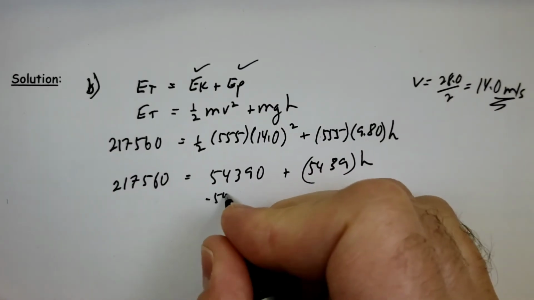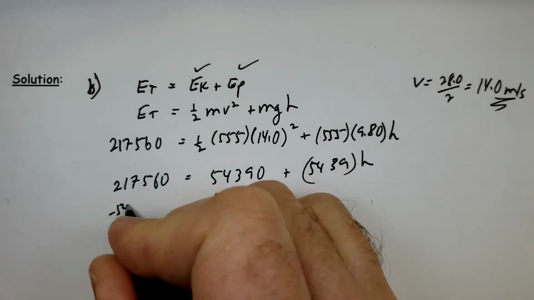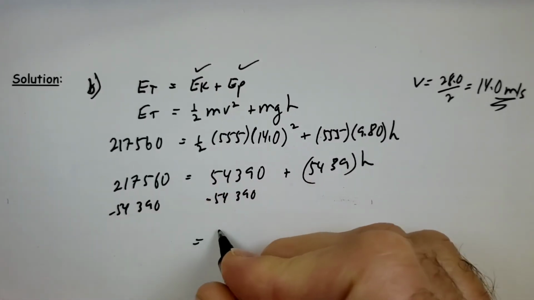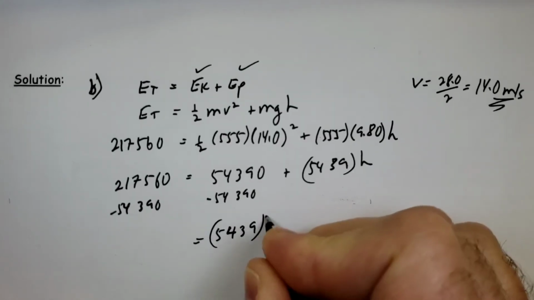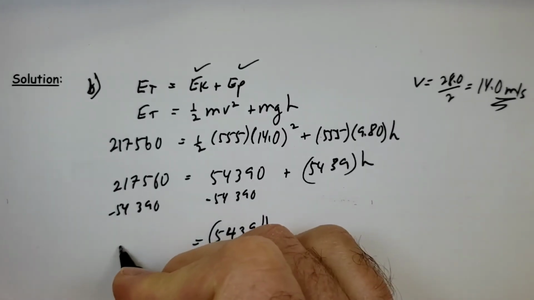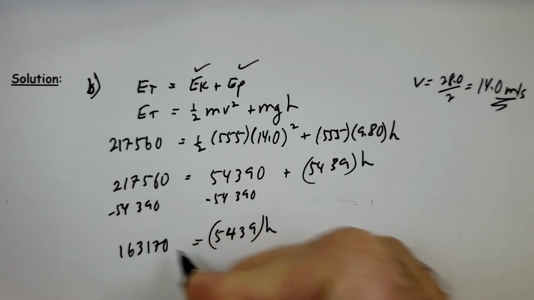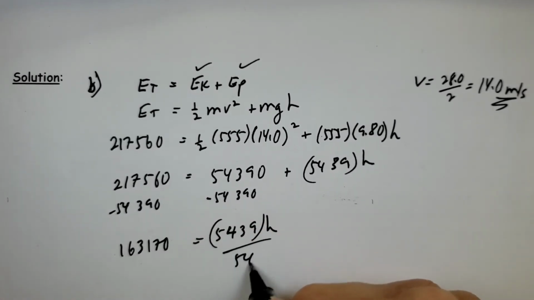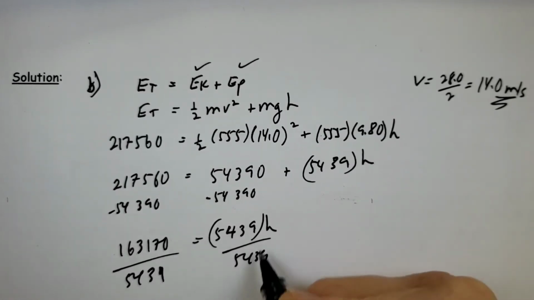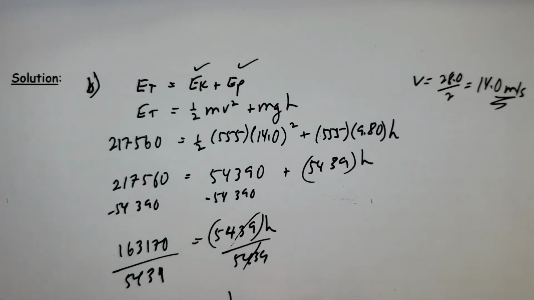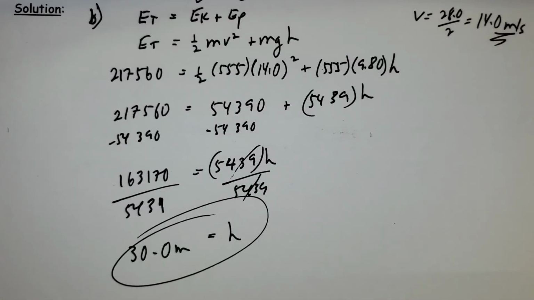So subtract 54,390. I think that's what we get. Divide by 5439. H works out to be 30 meters. So when you're 30 meters off the ground, it's going to be equal to half the speed.